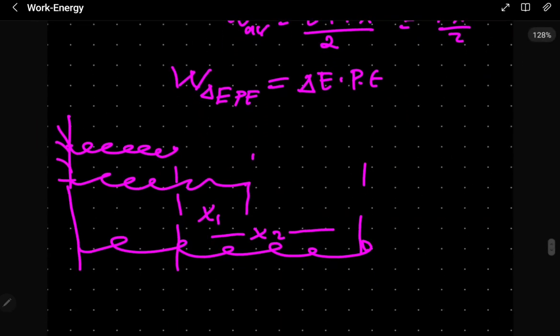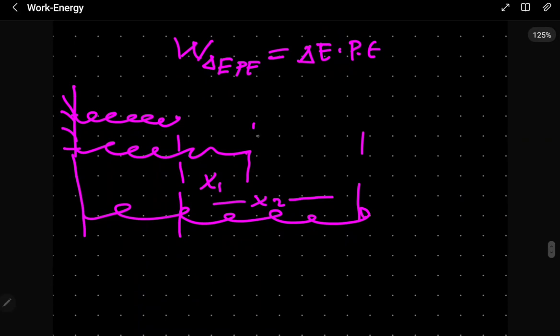Now the question is how much work is done to extend from level B to level C, the final level. In order to extend this spring from level B to level C, there is some work done.